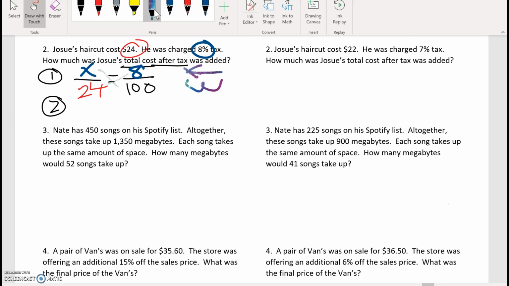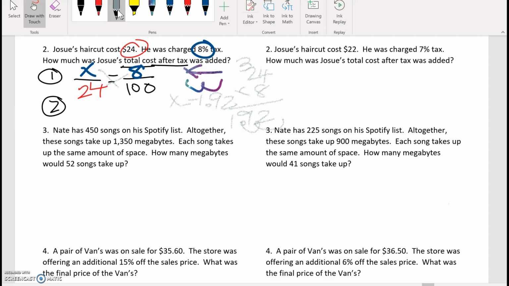Now, when I go back and I think about solving for X, right? So let's just go ahead and do that. So we have 24 times 8, 4 times 8 is 32, 2 times 8 is 16, 17, 18, 19. So I have 192, and then I have to divide by 100. So I'm going to move my decimal 2 places. So X is $1.92, okay?